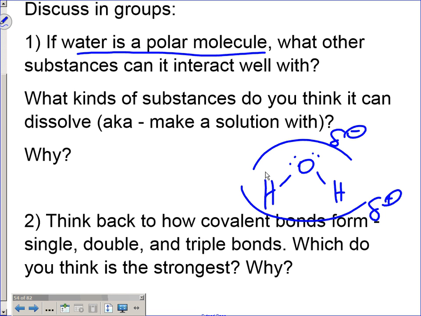Lone pairs are negative in charge because they're electrons, and they're on the top. But there's not one on top and one on bottom, because if there were, that would be nonpolar, since they'd be opposite and equal forces in opposite directions. They cancel each other out, but they're both on top, right? And I'm drawing it like this, which is what shape?